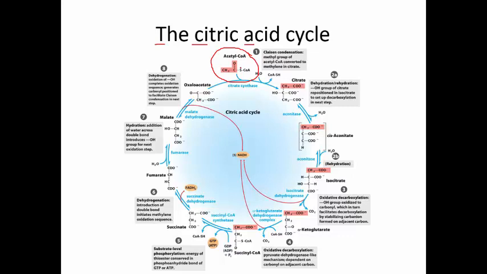So acetyl-CoA comes in. It's not an intermediate. And then we also have a few other things coming in. We've got a couple CoAs coming in, but then they're going to go back out, actually. So really, acetyl-CoA is what's going to come in, and then coming out are going to be CO2s.